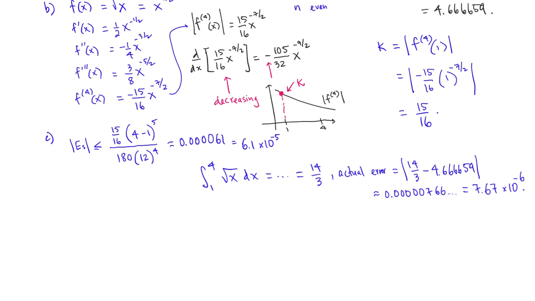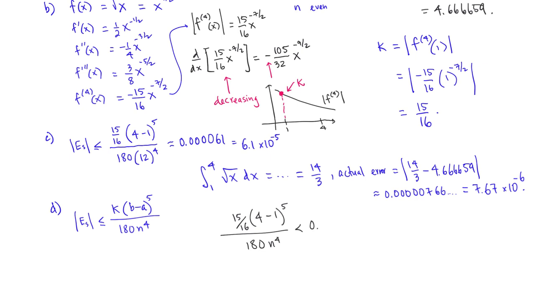Part D. To find the number n such that S sub n has an error of at most 10 to the negative 6, we use the formula in the error bound for the Simpson rule, where k is still the upper bound of the absolute value of the fourth derivative, which is 15 over 16, b is 4, a is 1, n is unknown, and we set it less than 10 to the negative 6, or 0.000001.